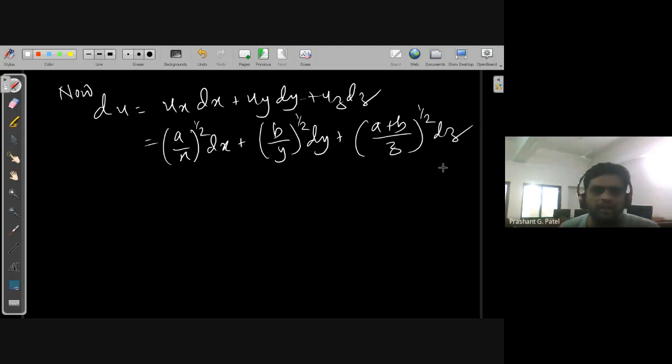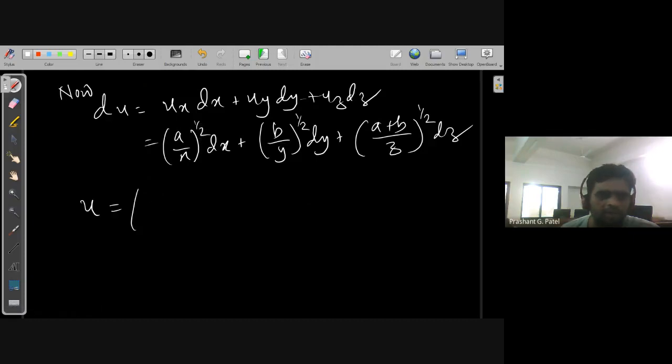And if I take the integration both sides, we'll have u equal to the integration of x raised to minus 1 by 2, so that's why it is plus 1.